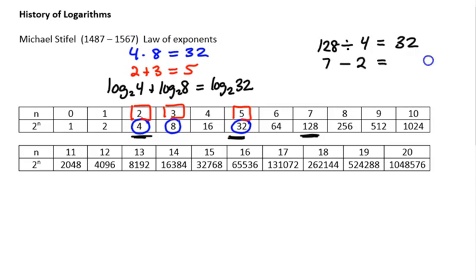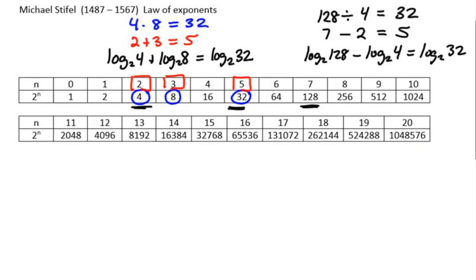If we subtract those, we get the exponent for 32, which is 5. So we could say log base 2 of 128, which is 7, minus log base 2 of 4, which is 2, equals log base 2 of 32. So notice when we subtract their logarithms, we get the answer that is the division of these two numbers.